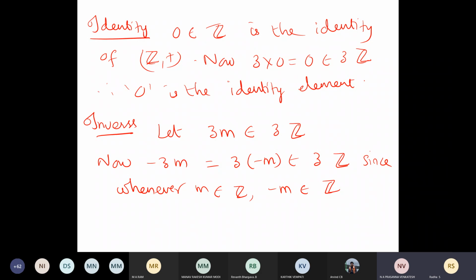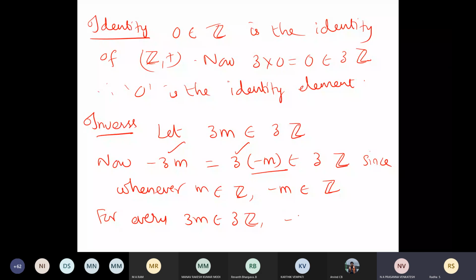Whenever m is there in Z, minus m is also there in Z because Z is a group under addition. So minus 3m, now written in this format as 3 times an element of Z, obviously belongs to 3Z. Therefore, for every 3m in 3Z, minus 3m in 3Z is its inverse.